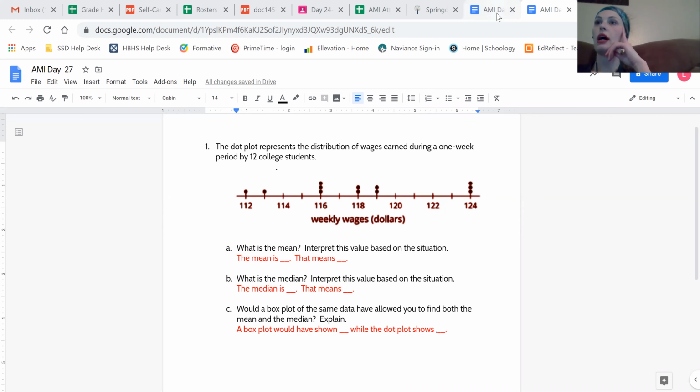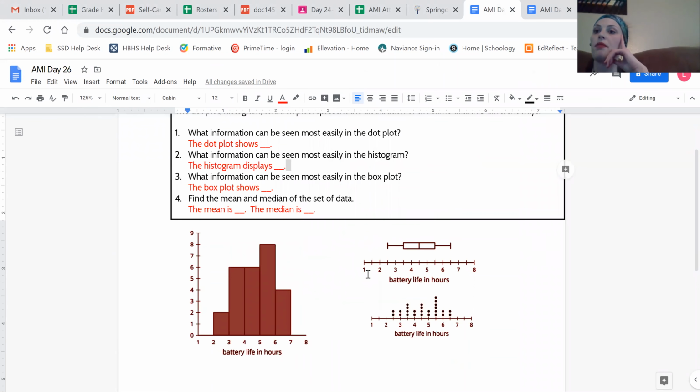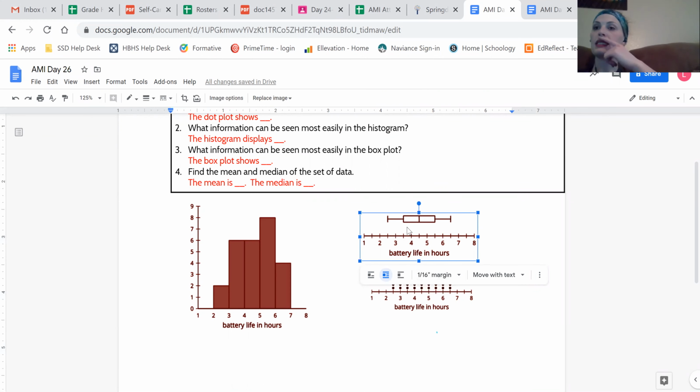So I'm just going to pull up what yesterday's homework looked like. This is a box plot. If you'll notice on the box plot, there's not all the terms to be able to add them all up and then divide. If you'll remember from yesterday, we've got the lowest value, the highest value, and the median value. So this gives you the median, but it doesn't give you enough information to find the mean.